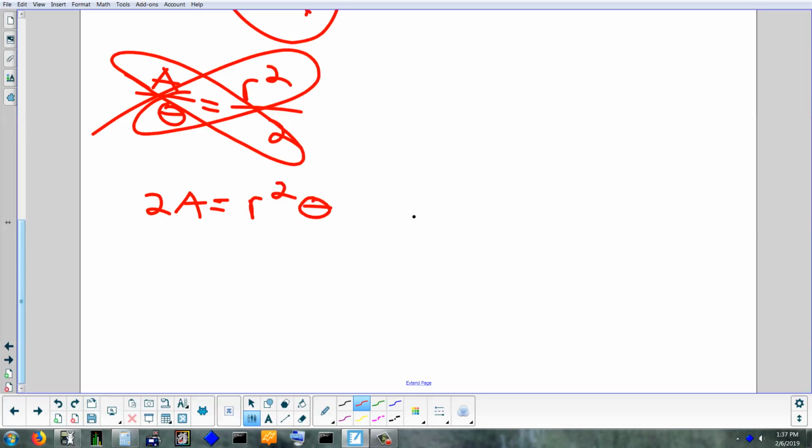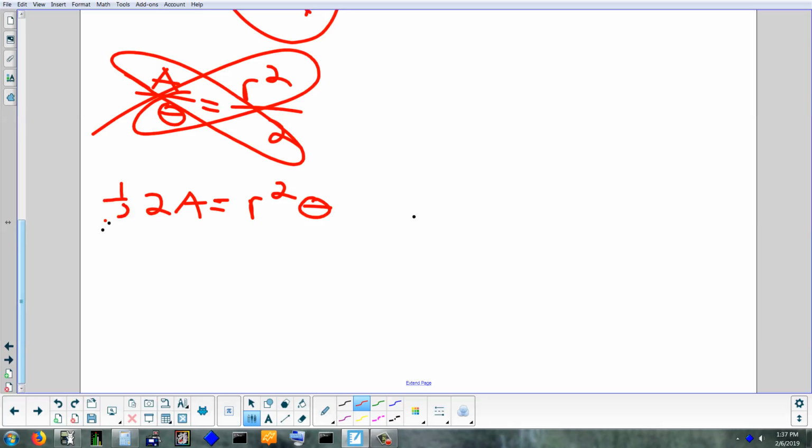Now, what we have right now is a formula for double the area. We just want area. So, how can I get rid of the 2? There's a couple ways. Yeah, divide by 2, which is the same as multiplying something by what? 1/2. Right? Dividing something by 2 is the same as just taking half of it.